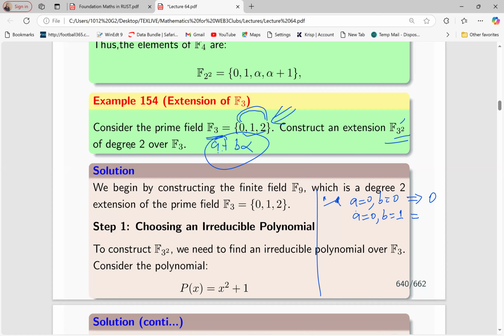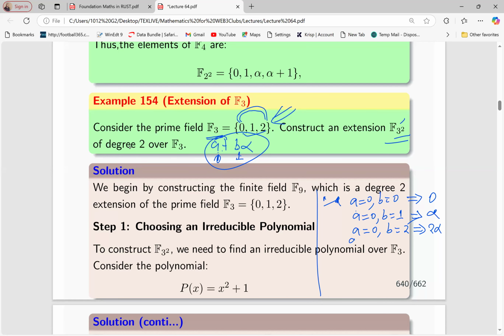So if A is 0 and B is 1, substituting here, it will be 0 plus alpha, which is alpha. The other possibility, A could be 0 and B could be 2. Replacing, you have 2 alpha as the other element of the extension. We've exhausted all possibilities if A were 0; these are the 3 possibilities.